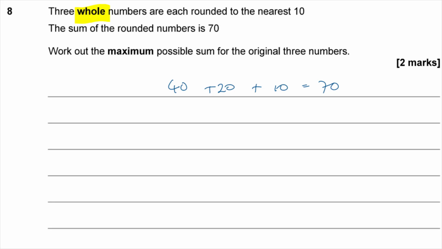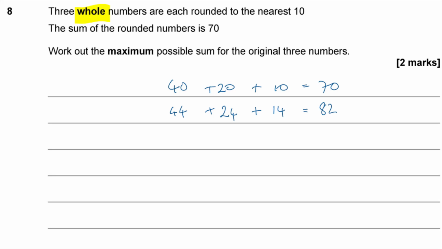So the biggest number that rounds to 40 is going to be 44, isn't it? Because 45 would round up to 50. Similarly, the largest number that rounds to 20 is going to be 24, and the largest number that rounds to 10 is going to be 14. So if you add those up, you're going to get what? 4, 8, 12 more than 70. It's going to be 82. Okay, so that's one possibility.